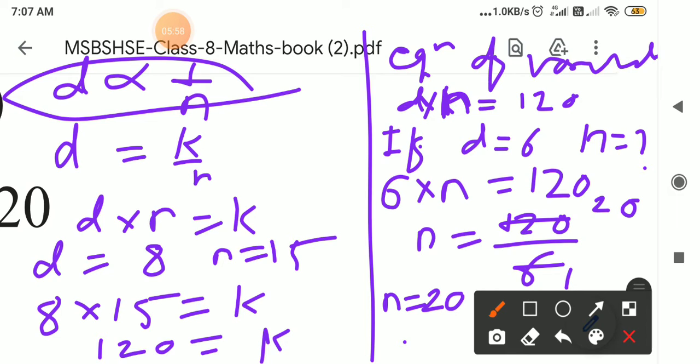So 20 women are required to complete the work in 6 days. In this way, all of you use variation in time, work and speed examples. So note down this.